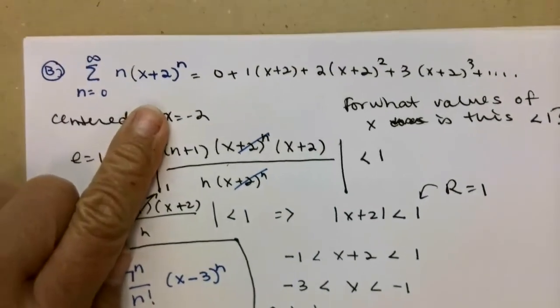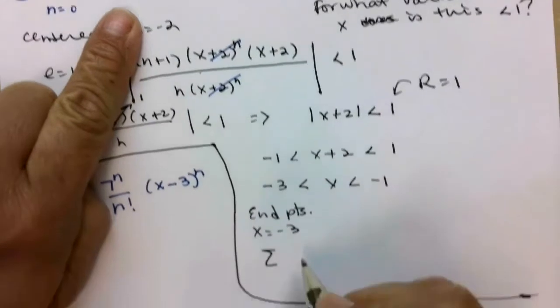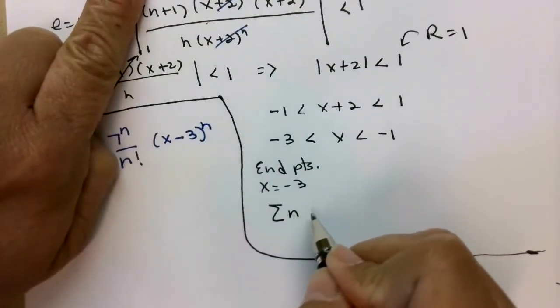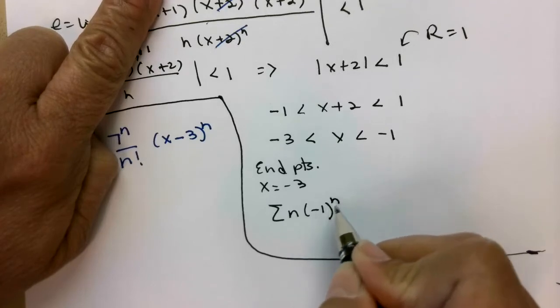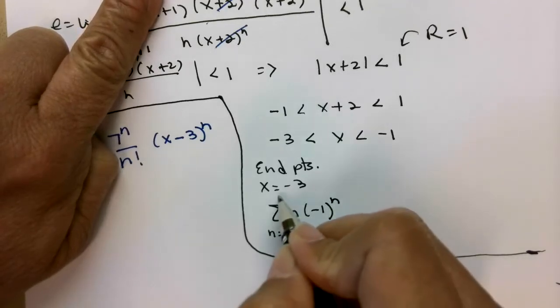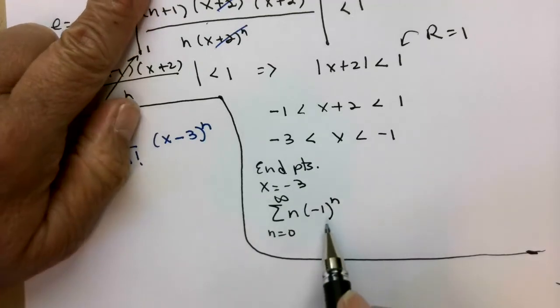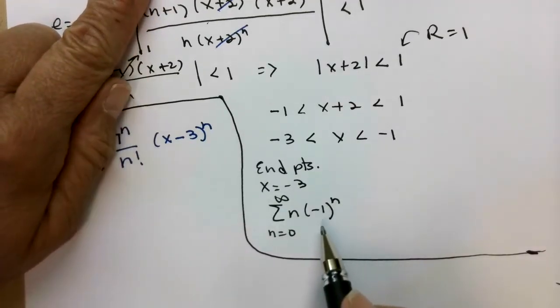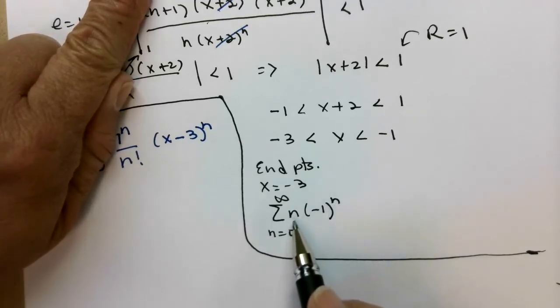So back up in my series up here, I'm just writing it down. Replacing the x with the -3, I get the sum of -1 to the n, n equals 0 to infinity. -3 plus 2, so I have an alternating series because I have the -1 raised to the n, but it's times n.